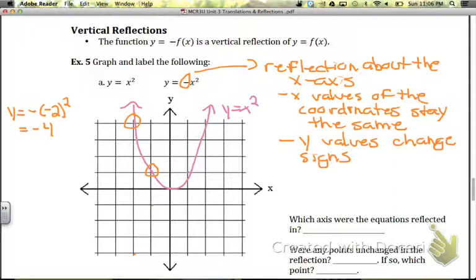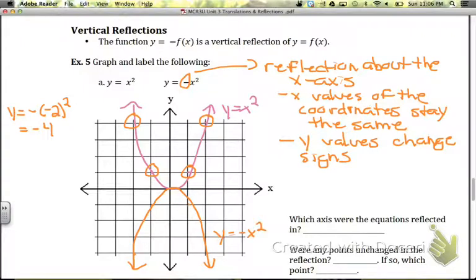Now, will our origin change at all? 0, 0? No, it will stay 0, 0. And our point from 1, 1 is now going to become 1, negative 1. And 2, 4 is now going to become 2, negative 4. Now we can connect all those points and make sure we label, so y equals negative x squared.